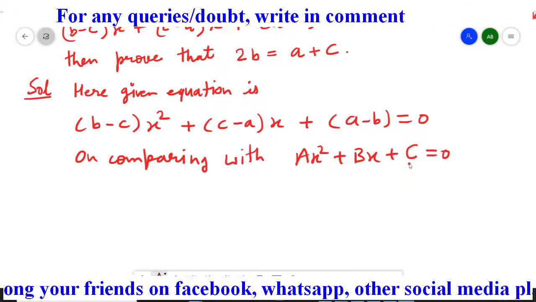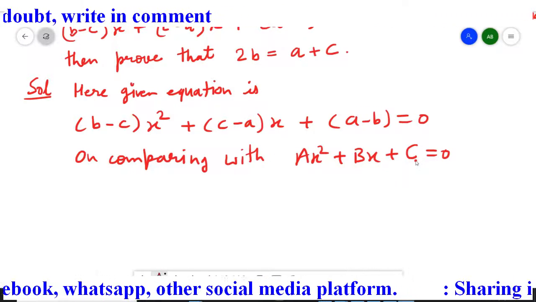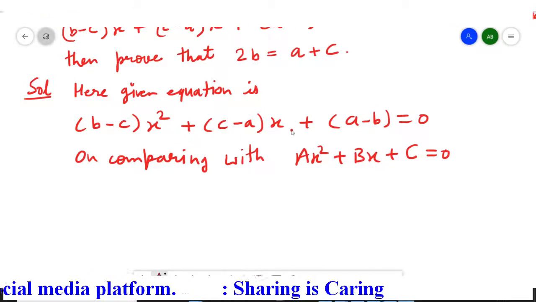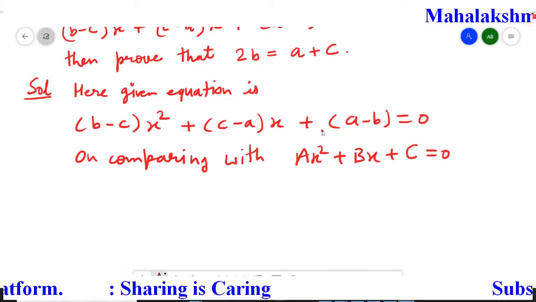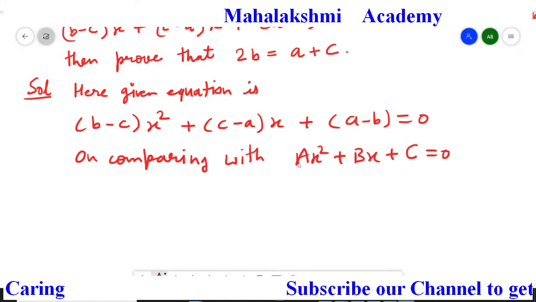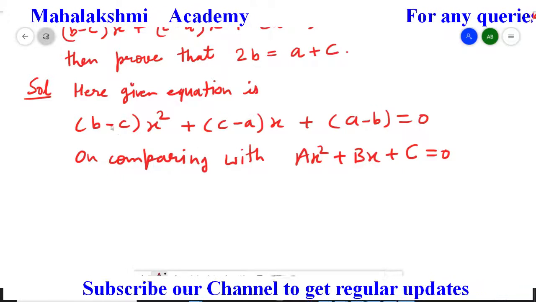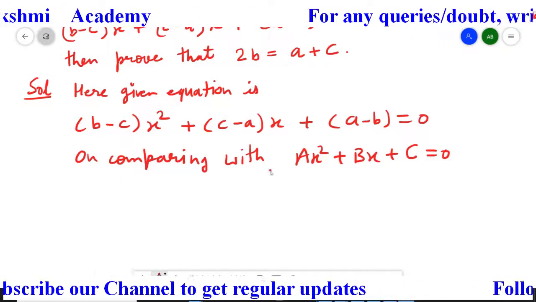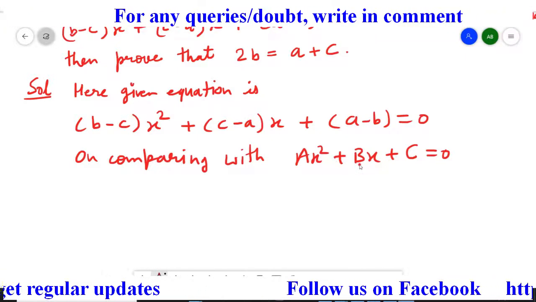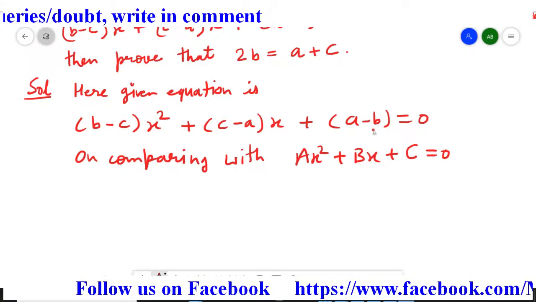Actually in the standard form we used to write small a, small b and small c, but the small a, small b, small c are already used in this equation. That's why I am not using them here, unless we will get confused. Now when we compare, capital A is the coefficient of x square, and what is the coefficient of x square here? b minus c. So capital A is equal to b minus c, and capital B is equal to c minus a, and capital C is equal to a minus b.